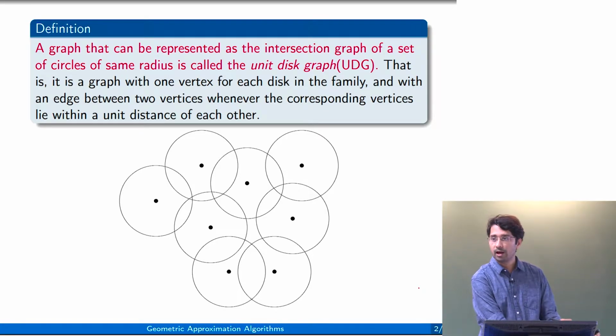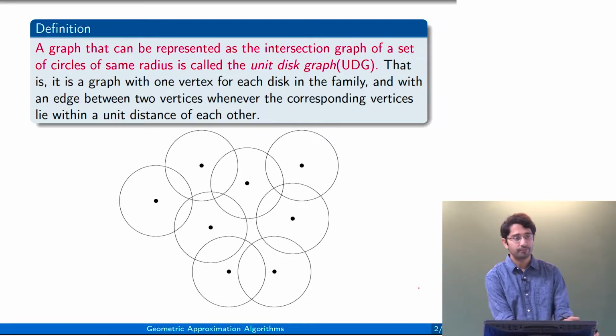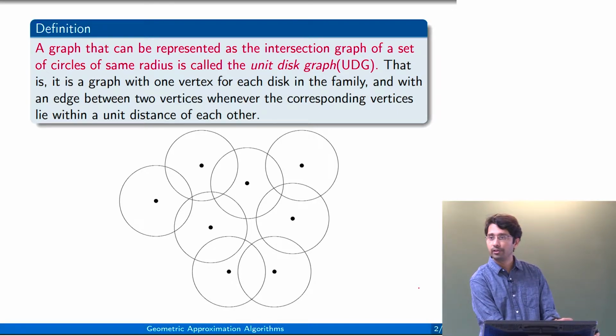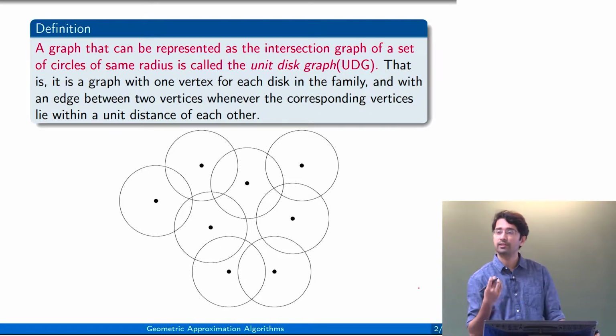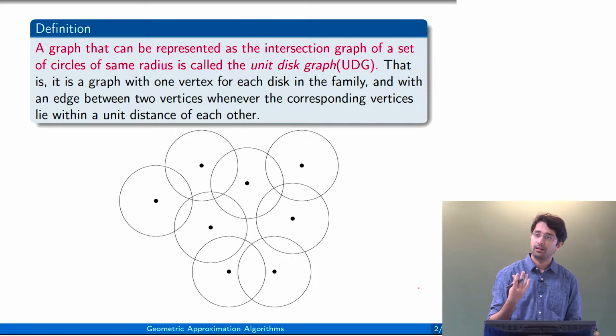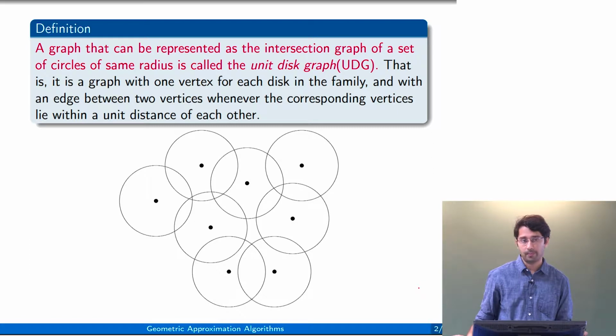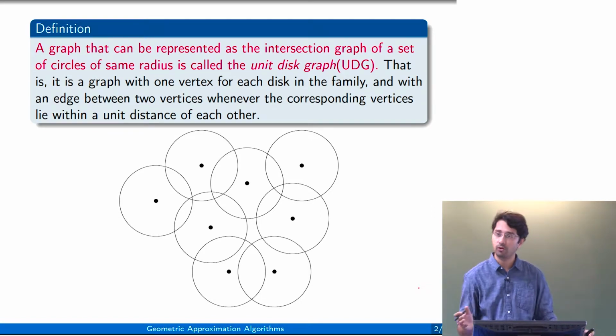So, the geometric graph class that we will cover today is called the unit disk graph. What is a unit disk graph? In a unit disk graph, you are usually given a set of unit disks in the plane. Unit disk means the diameter of the disk is 1, and from those unit disks you create a graph as follows.